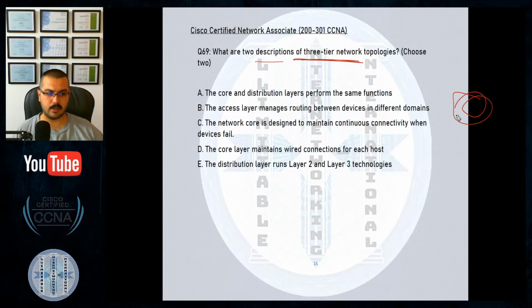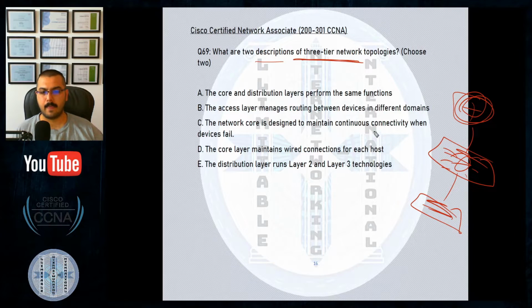You know that there is a core connected to distribution or aggregation that is connected to the access layer and so on. Okay, so the core and distribution perform the same function? No. The distribution is about fast convergence from the access to the core. The core is about internet and data center and servers and so on.